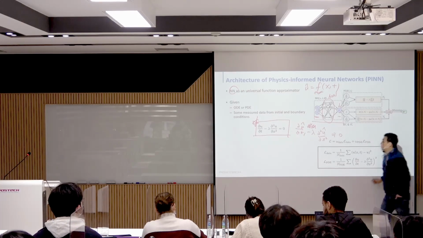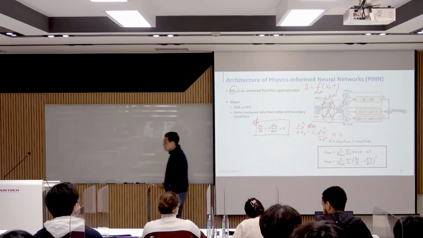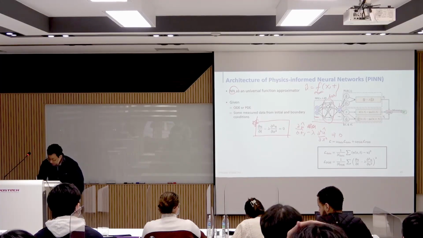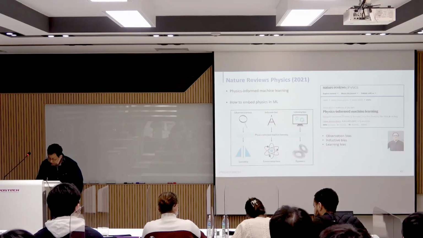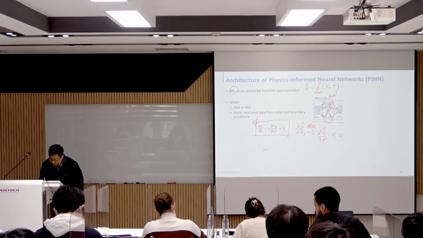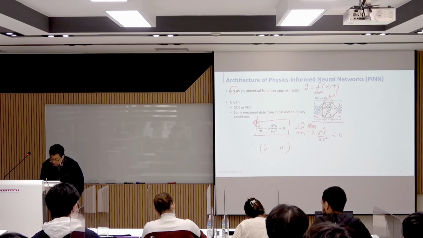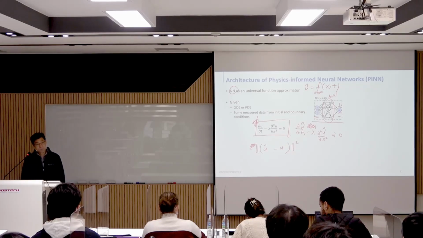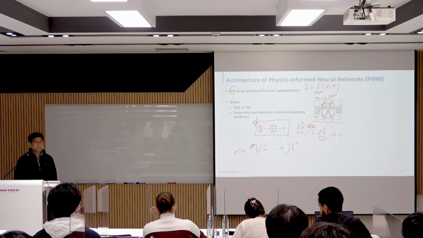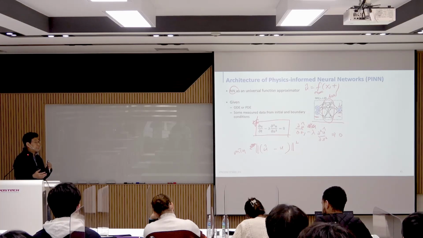How do you do that? Remember, in the training process or backpropagation, we have the difference between u hat and the actual values. That's the loss function that we usually define, trying to minimize it.